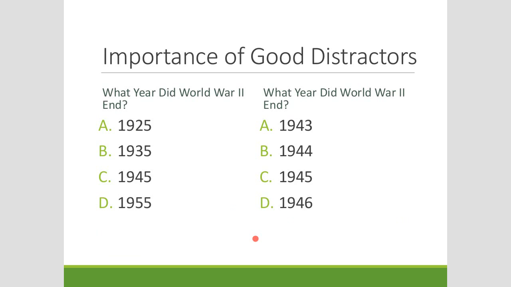The first question is really testing, do you know the decade that World War II ended? The last question is testing, do you know the actual year that World War II ended? And that is all a function of what the wrong answer choices are that you put down there.